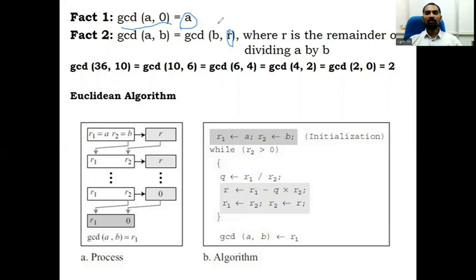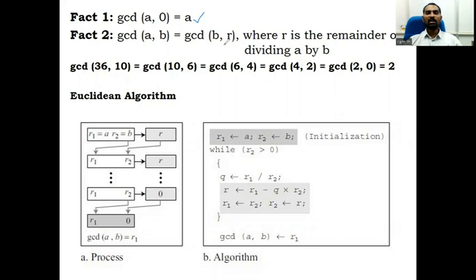These two are the facts that we need to remember while learning about the Euclidean algorithm, which helps you find the GCD between any two positive numbers. So again, let us consider the facts. Fact one says that GCD of a comma 0 is always a, and GCD of a comma b is equal to GCD of b comma R.